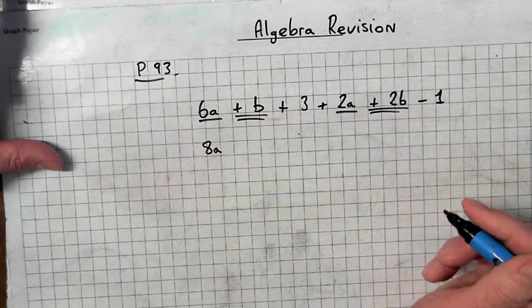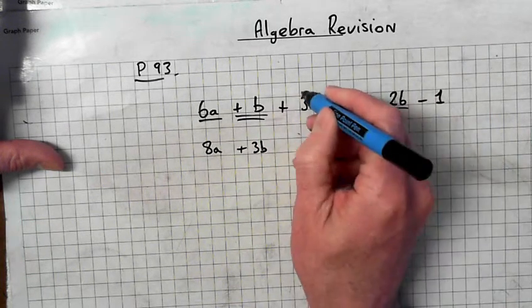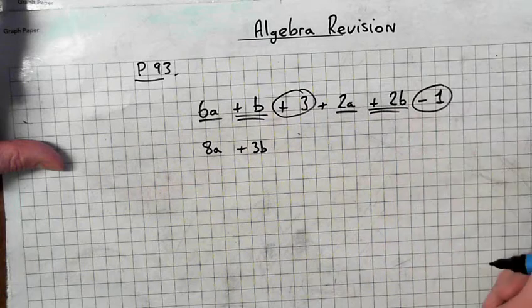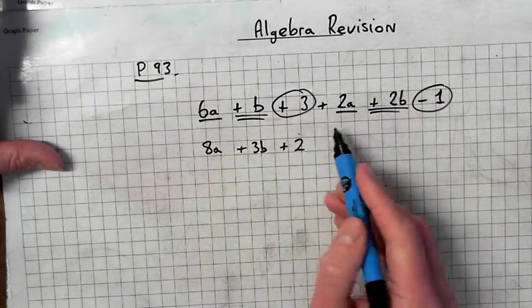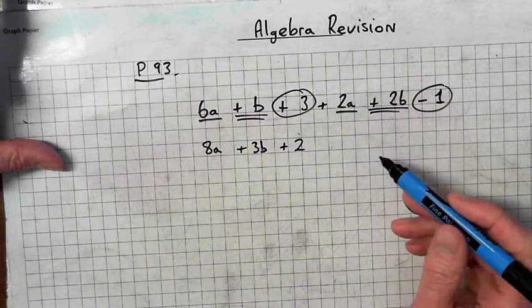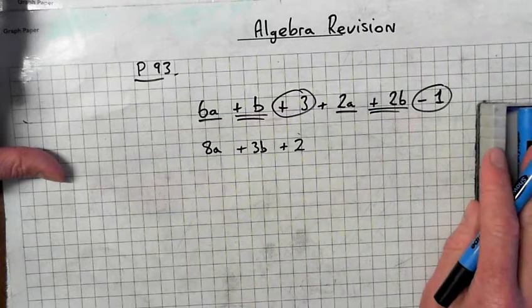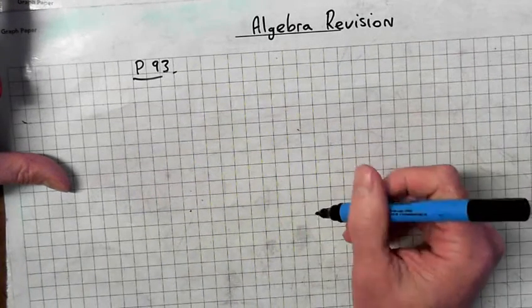Add the B's. 3B. And then we'll put a circle around the numbers. 3 minus 1. Right, by doing that, marking them appropriately, I've helped and reduced the chance of error. Alright, so that was question 5.